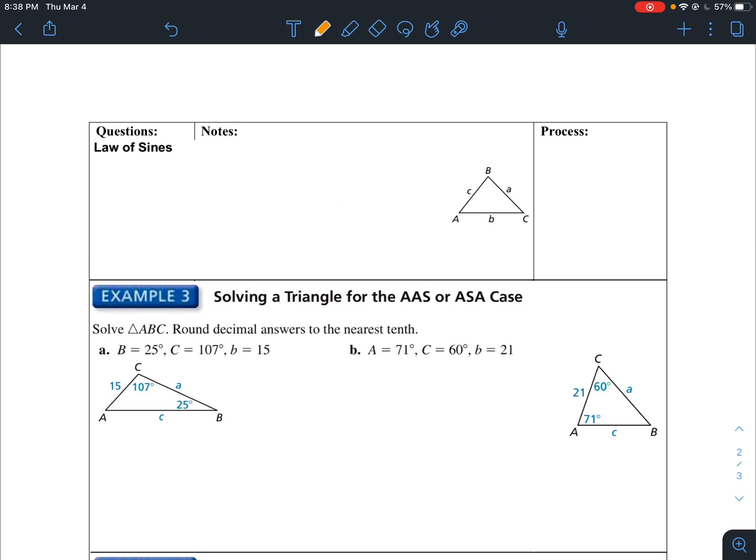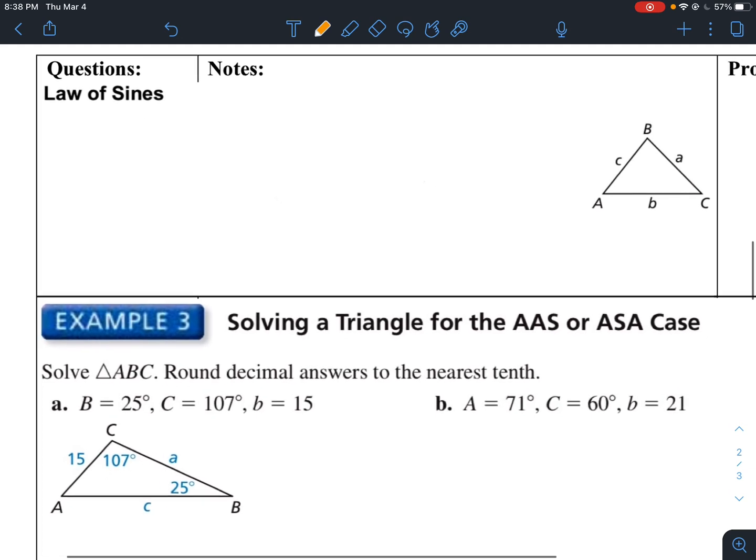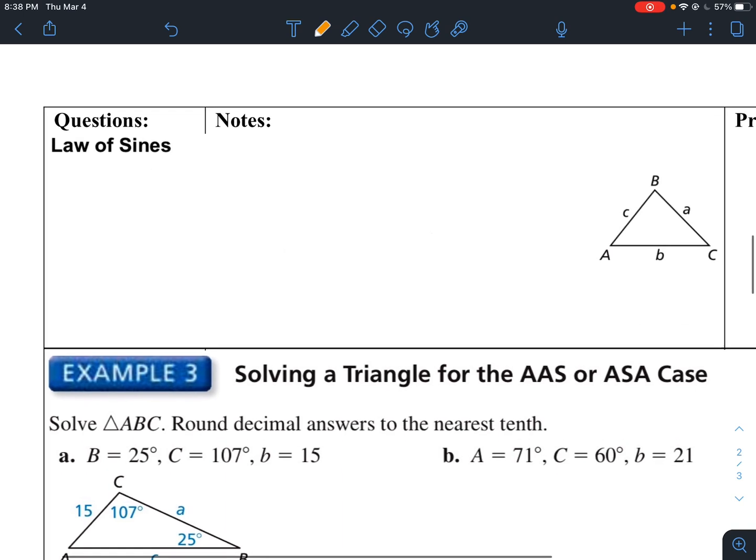Alright, now let's talk about the law of sines. This might be what's important for you potentially on the ACT, is to know the law of sines. So you can use the law of sines to solve triangles. Now, the term solve triangles, if you remember back from 8.1, basically just means to find all sides and angles, so all side lengths and angles.